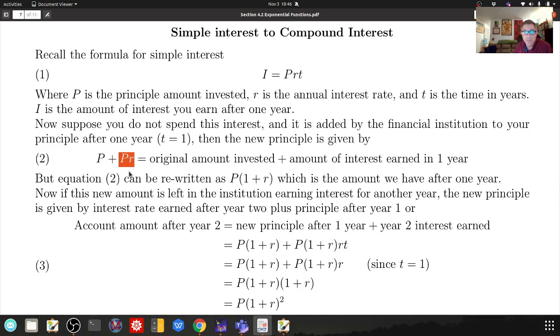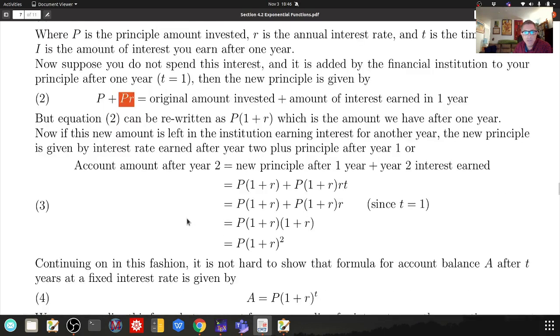Because this is after 1 year, and so our T is equal to 1. So that's the original amount invested plus the amount of interest earned in 1 year. So that means equation 2, if I pull out the common factor in P plus P times R, I get P times 1 plus R. And that's the amount we have after 1 year.